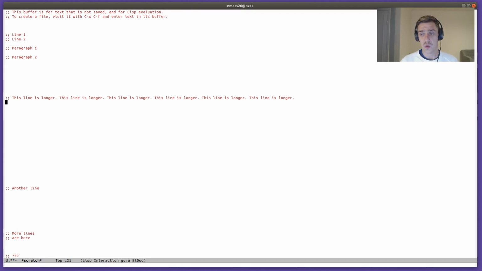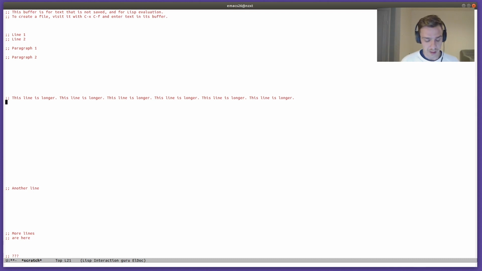We also move slightly differently within the buffer when we do have Guru Mode enabled. And that means that Control Home and Control End are prevented, which is a standard shortcut to jump to the beginning of the file or the end of the file. In our case, it's the beginning of the buffer and end of the buffer.